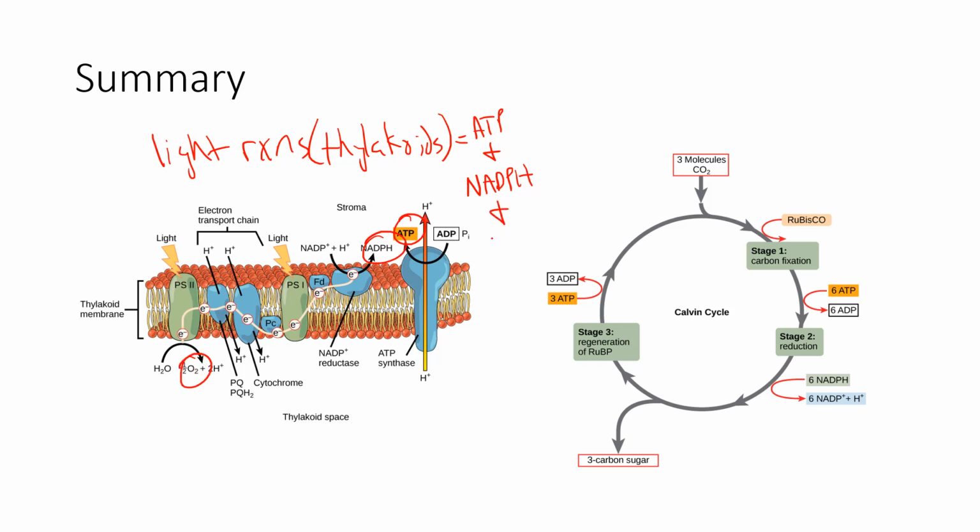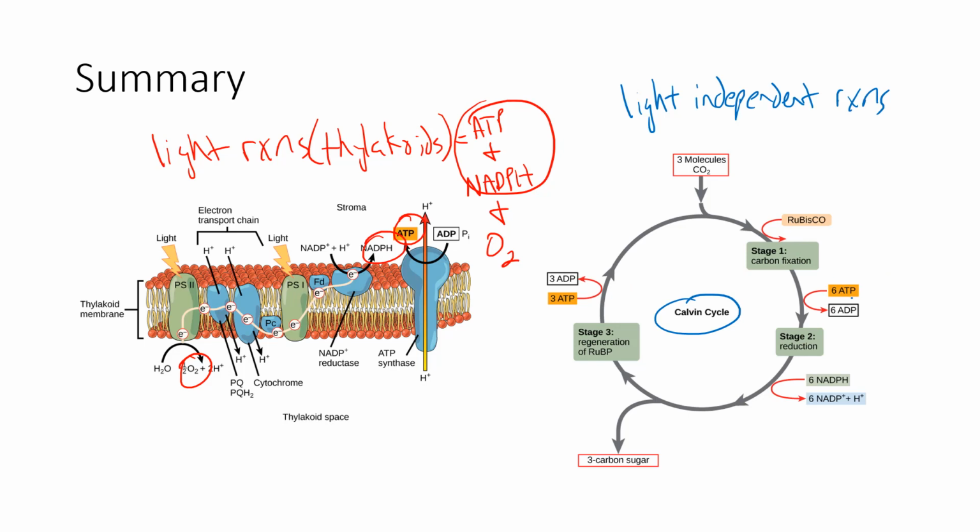We'll also say O2. But these two, ATP and NADPH, are going to be used in the light independent reactions of the Calvin cycle.